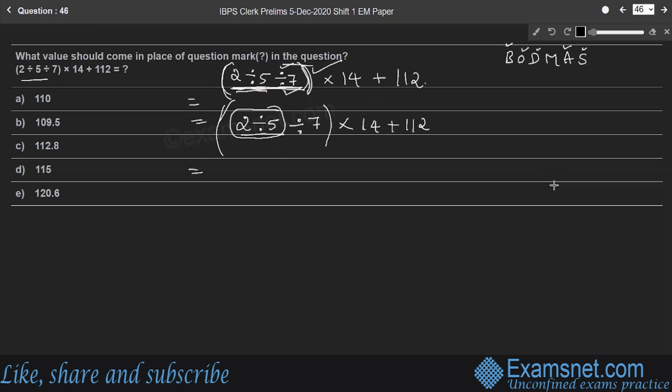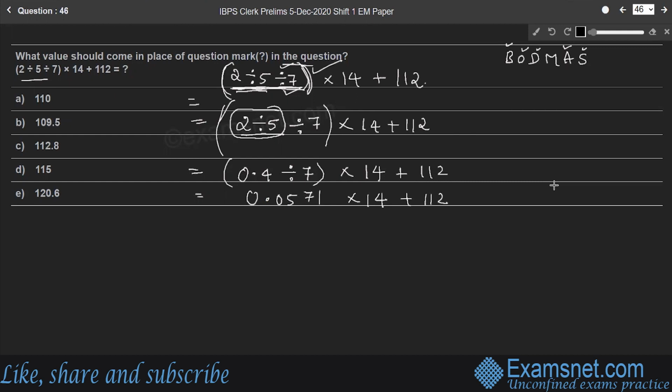What is 2 divided by 5? It is 0.4 divided by 7 into 14 plus 112. So what is 0.4 divided by 7? It is 0.0571 into 14 plus 112.